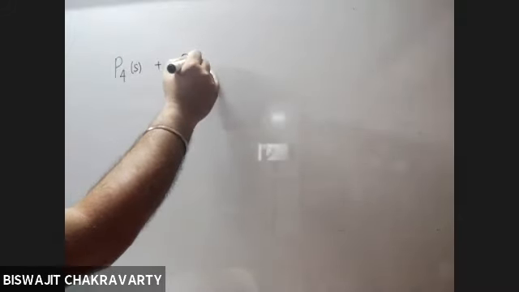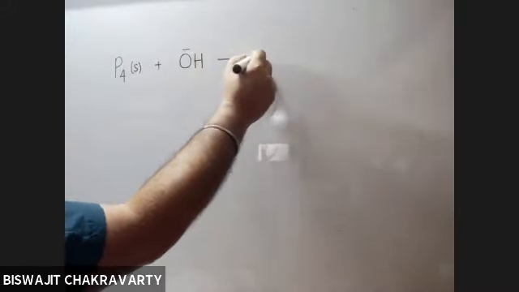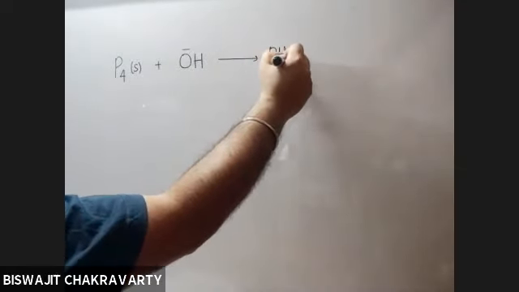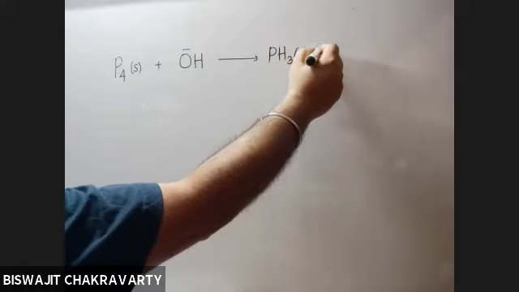It's an NCERT book question as well. P4 plus OH minus gives PH3 plus something.